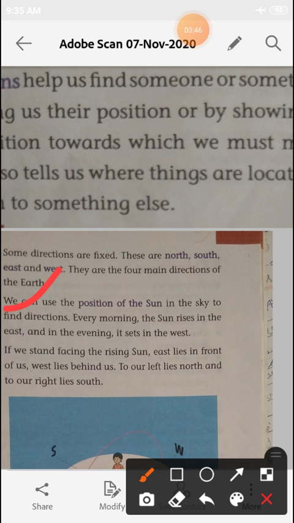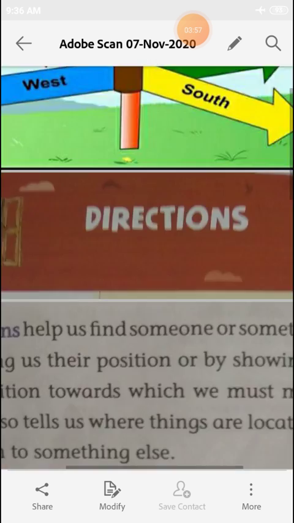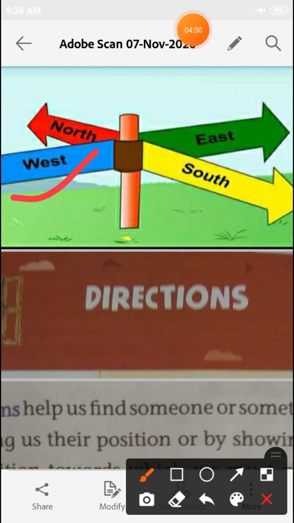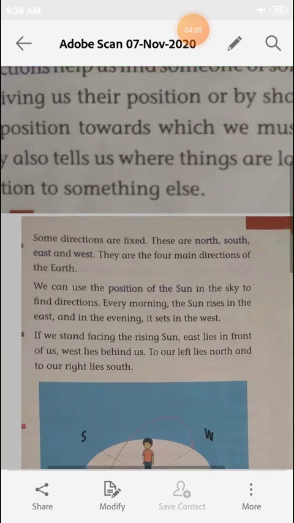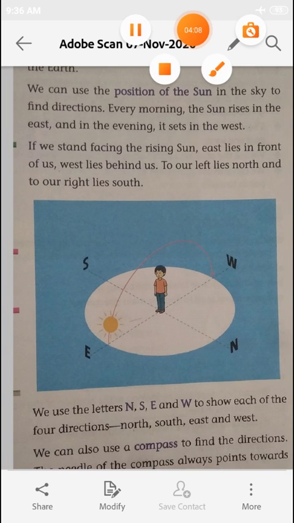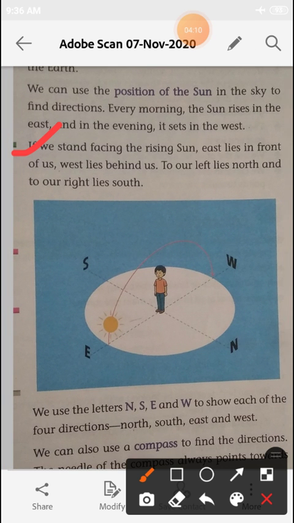Student, the sun rises in the east and sets in the west because there are four main directions: east, west, north and south. If we stand facing the rising sun, east lies in front of us, west lies behind us, to our left lies north and to our right lies south.